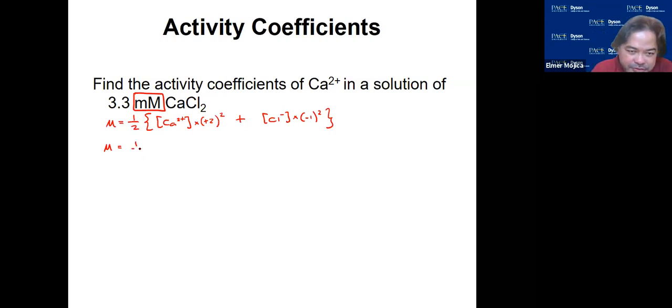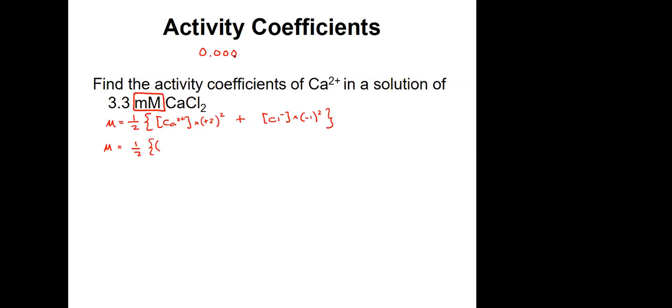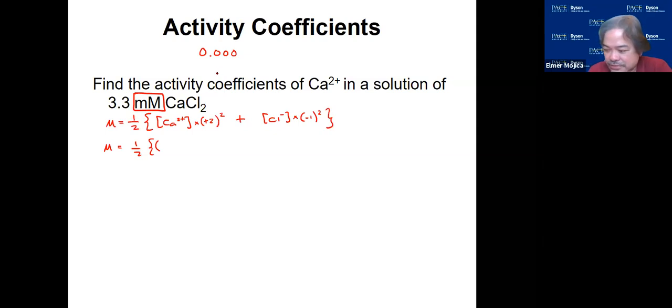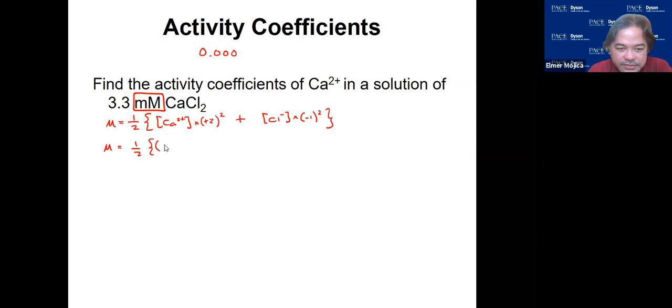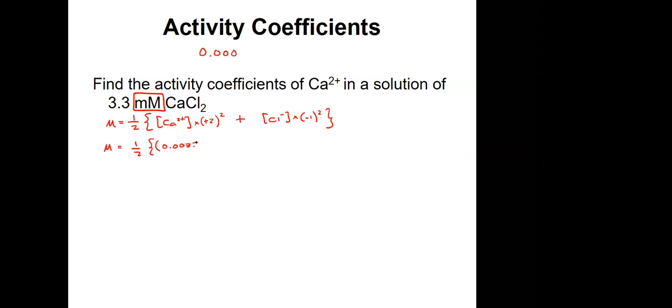You have to make sure you put the correct value here. So 3.3 millimolar, that's how many zeros? Well, it's going to be 0.0033. Two zeros, and 33. Yep, that's the conversion for millimolar.